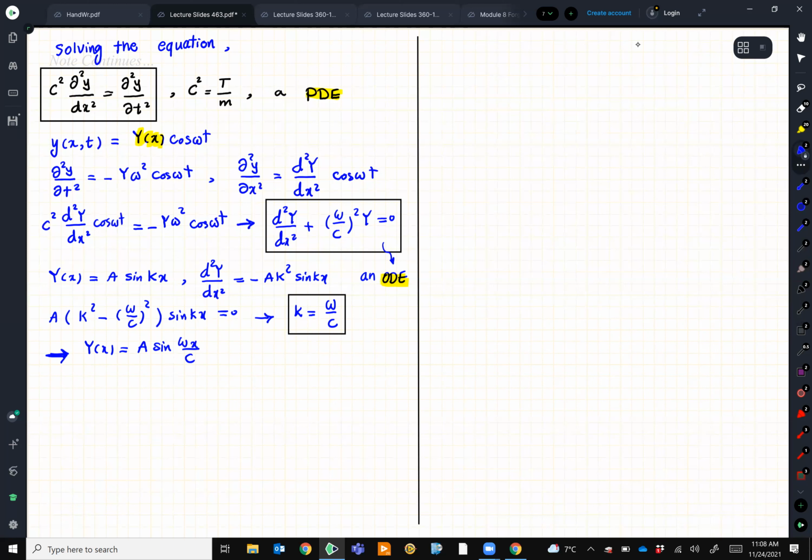All right. So now what I need is some extra information. I can rely on boundary conditions. Always when we solve ODEs and PDEs, we need to have boundary conditions. So if you recall, we attempted to solve the equation for a string. So let me draw it again here.